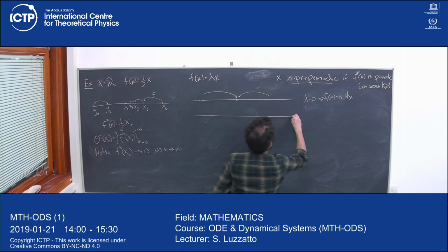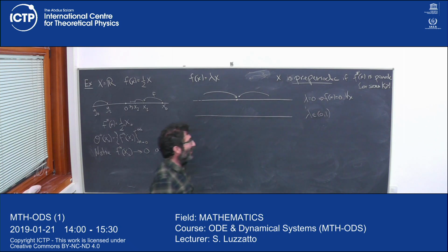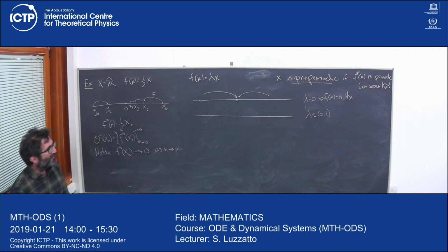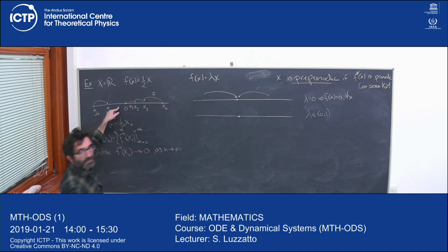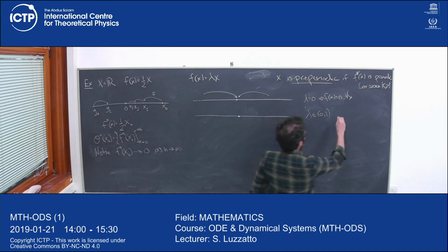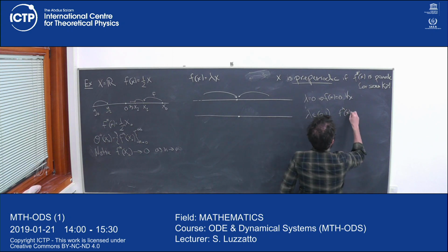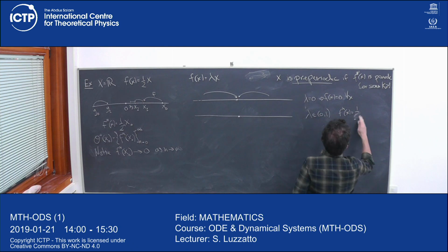What are the other cases? What about lambda between 0 and 1? I'm already helping you by classifying the various lambdas. Lambda between 0 and 1 is basically the case we looked at already. Again, you just have f^n of x equal to lambda to the n times x.